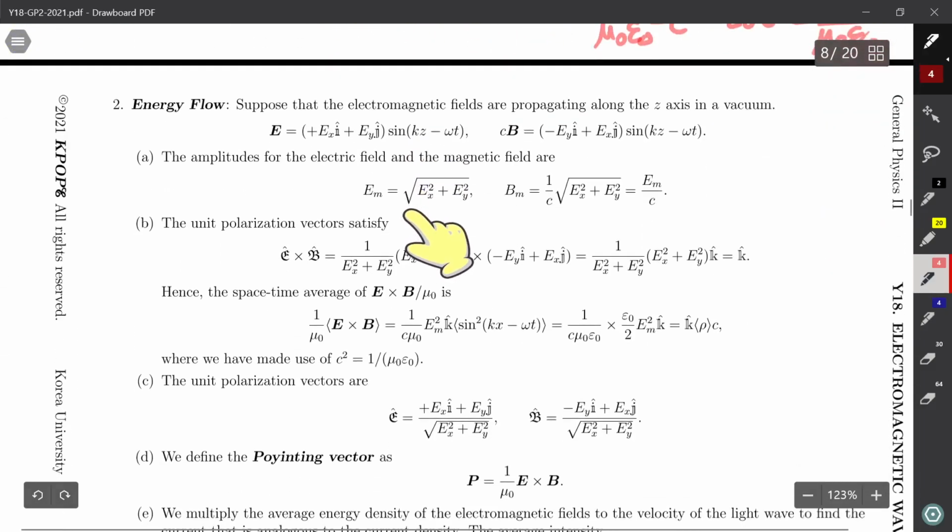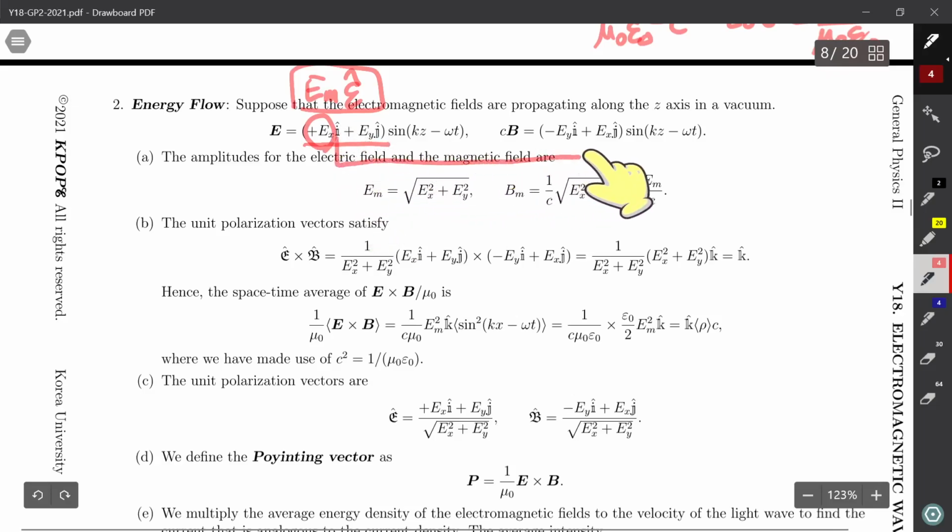Energy flow. The explicit form of the amplitude is E_m multiplied by some unit vector. This one can be explicitly written as xy component. And we know we have Ex. This one corresponds to the amplitude for the y component, and y components correspond to minus x component.